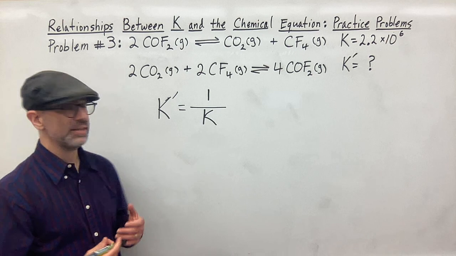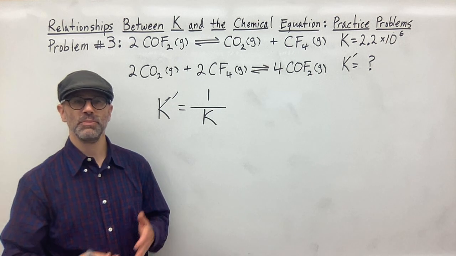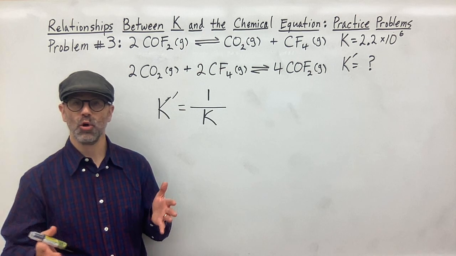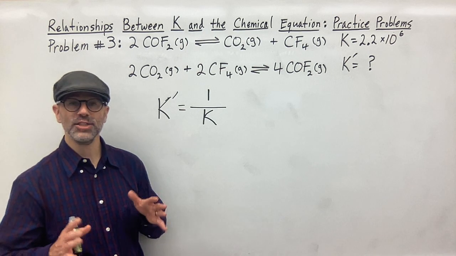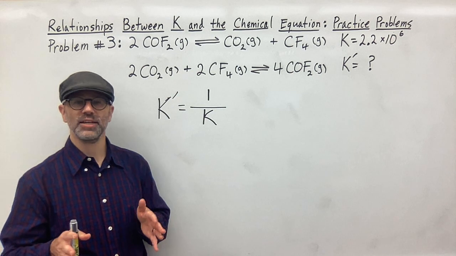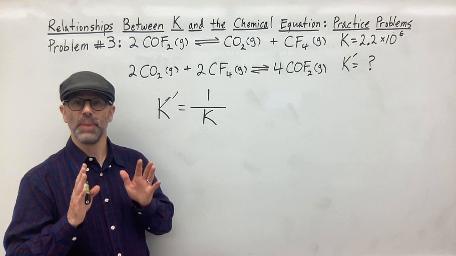So what does that mean? Again, as I said before, if you multiply your equation by a factor of 2, then you have to raise your equilibrium constant to a power of 2.